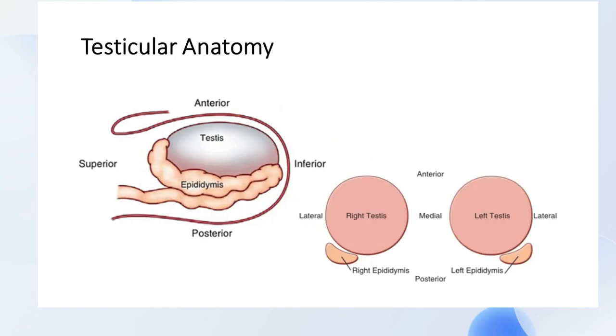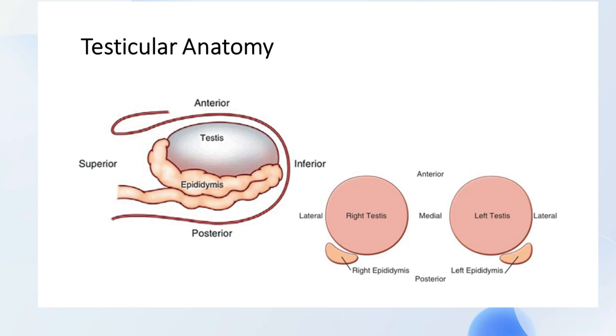So I'm going to discuss the basic testicular anatomy. The basic anatomy that I'm talking about is not all-encompassing. We need sonography-specific anatomy that you can visualize yourself on ultrasound scan. That's the superior aspect, the inferior aspect, the anterior aspect, and the posterior aspect.